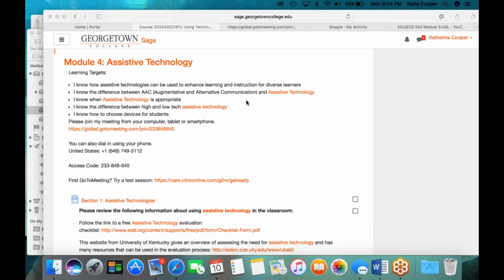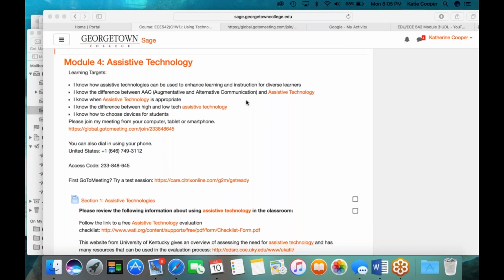That means that if they're using iPads or single switches or smart boards, if they use text to voice or voice to text, if they use pictures, symbols, anything like that is considered assistive technology. So the technology is assisting them in accessing the general education curriculum or the special education curriculum, depending on your student.